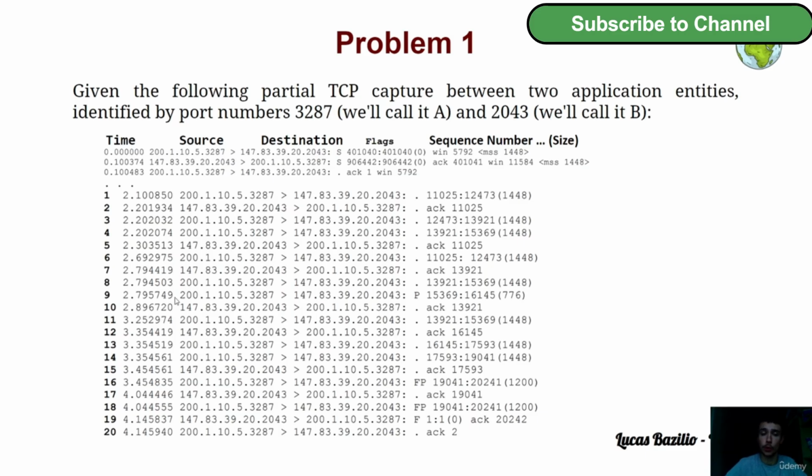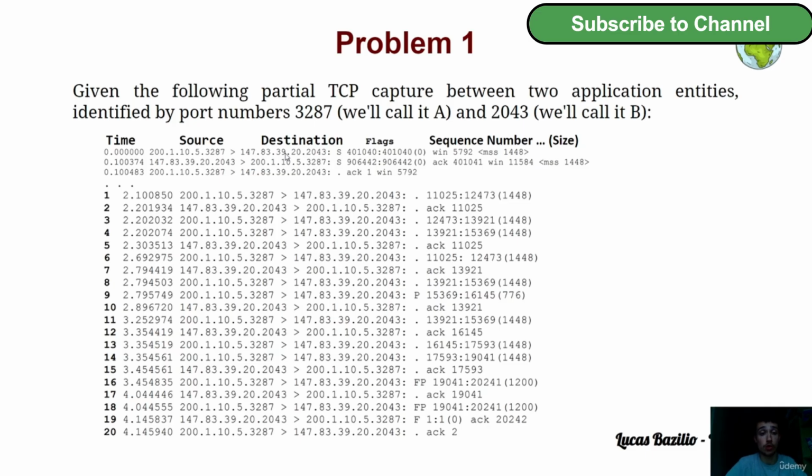So on this TCP trace, we have information in columns that we already learned. Remember, in the lecture on tcpdump, we learned how to interpret these captures. First, the time column identifies when the packet has been sent. The source column identifies which application sent this frame.